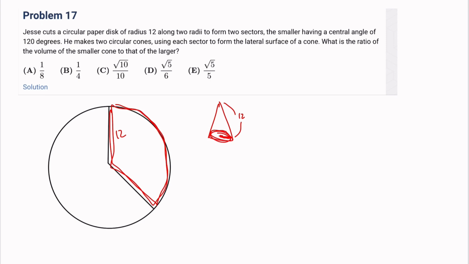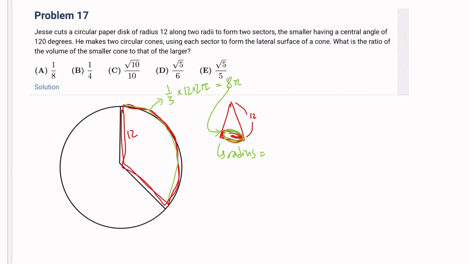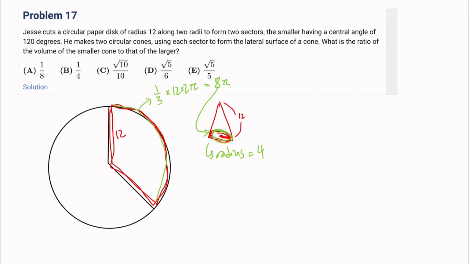The whole circumference is 2 pi r, which is 12 times 2 times pi, which is 24 pi, so 1/3 of it equals 8 pi, right? So the circumference is 8 pi, and so the radius equals 4, because 2 pi r is 8 pi, and so r is 4.